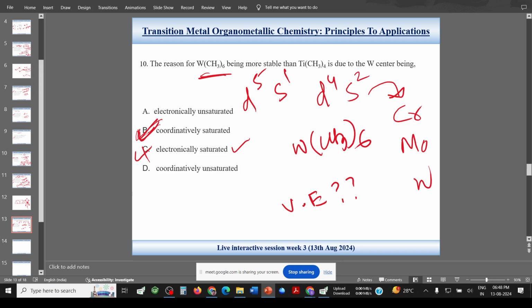Which one is correct? d5s1 is correct, sir, due to the half-filled orbital having stability.